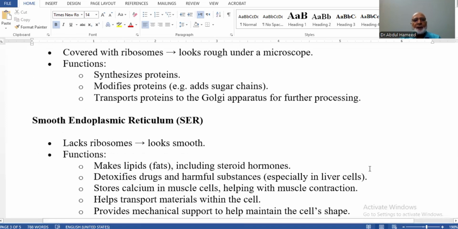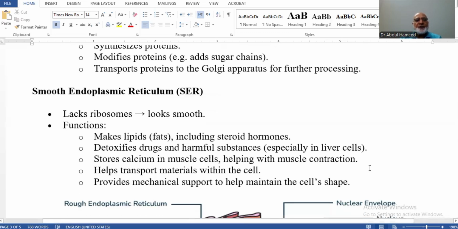Smooth endoplasmic reticulum lacks ribosomes, so that's why it looks smooth under microscope. The functions assigned to it, first one is to make lipids, fats, including steroid hormones, detoxify drugs and harmful substances.